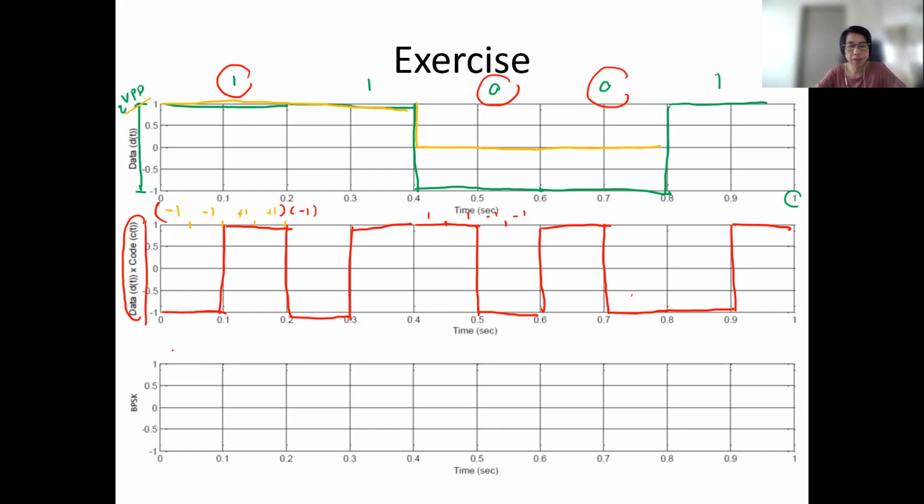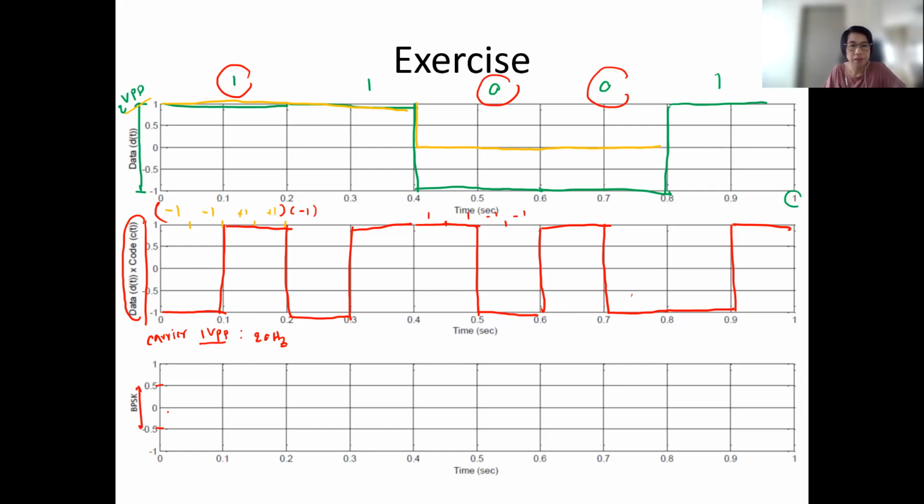And then it mentioned that you use a carrier with 1 volt peak to peak and 20 hertz, right? So it means that in 1 second, you will have 20 cycles of sine wave. And the amplitude will be 0.5 and -0.5 because it's 1 volt peak to peak.